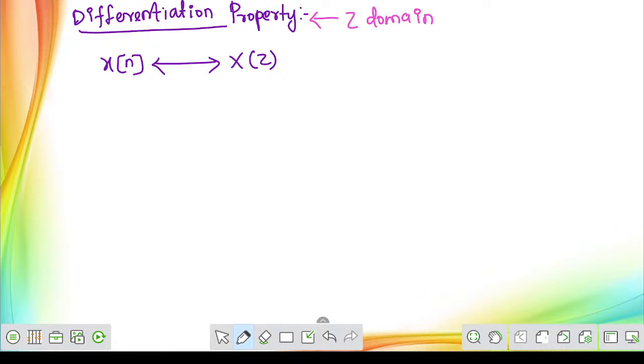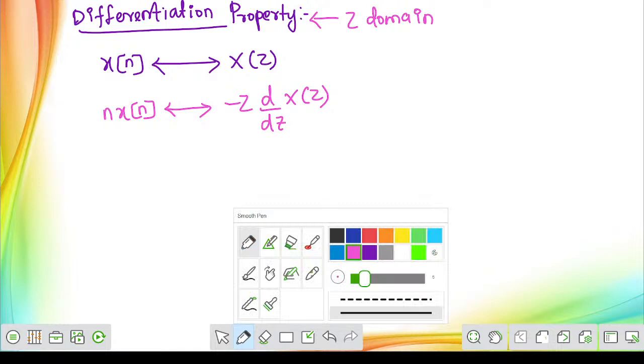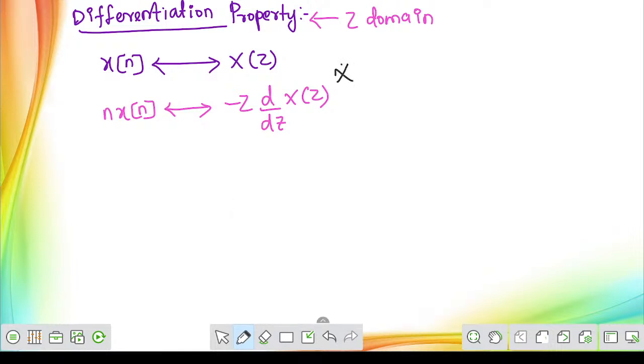So if they are differentiating a signal in the frequency domain, then what will be the corresponding change in the time domain? That is the question. Here it will become n times x of n. You should not forget this. This is a very important formula, often asked in the examination also. Let me write it one more time for your understanding.